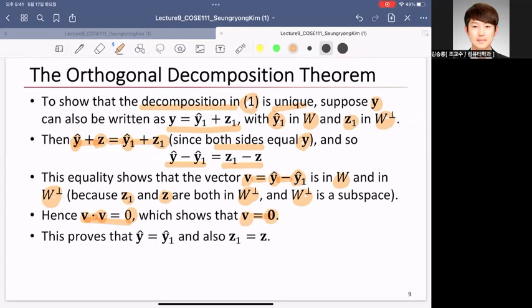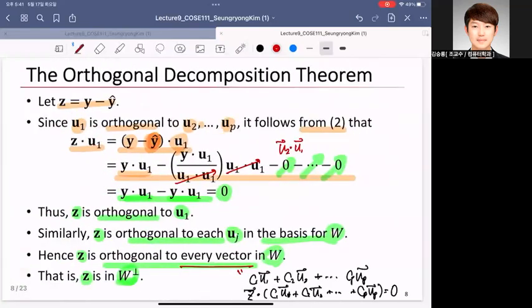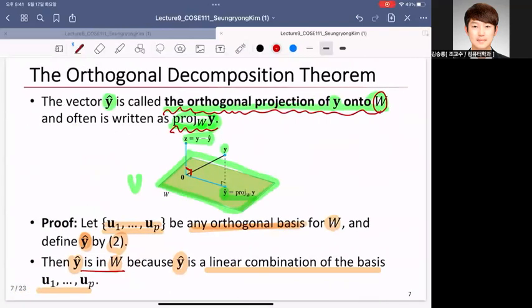It proves that y hat is equal to y1 hat, and also z1 is equal to z. So in other words, the decomposition with y hat and z is unique. That's it. This is the proof.